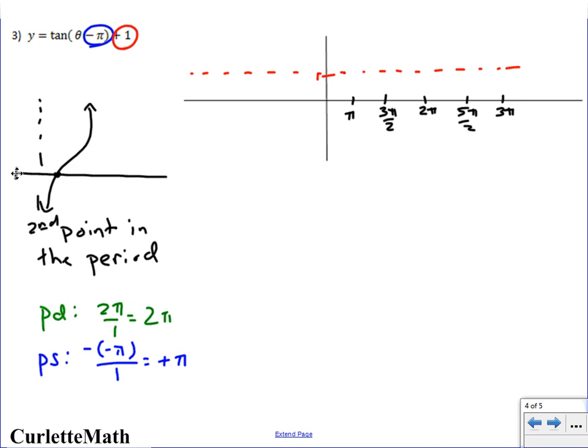Now I need to make my asymptotes, and remember it's going to start at the second point. So on my midline I put my points, and I draw in my tangent function.